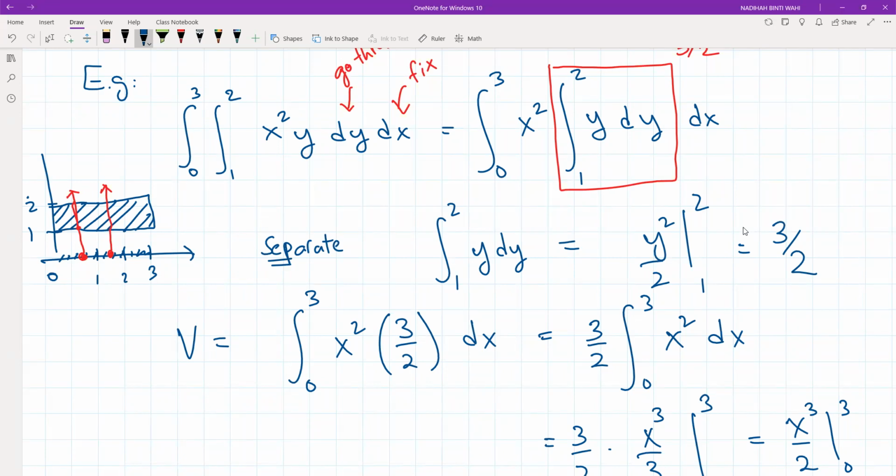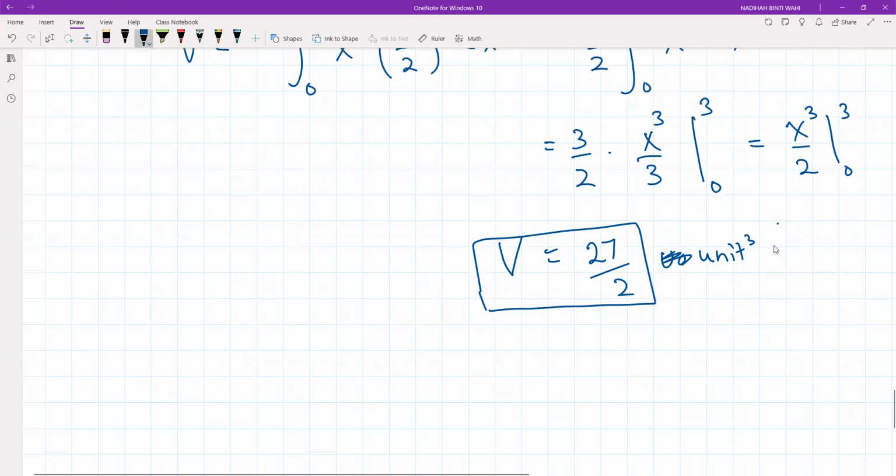Contohnya kalau saya dapat 25/3. For example, if I get 25 over 3, dan kalau awak guna calculator, dia akan keluar apa? 8.3 something. Dia tak habis. So kalau guna fraction, dia lagi exact. That's why I prefer to put into this form.